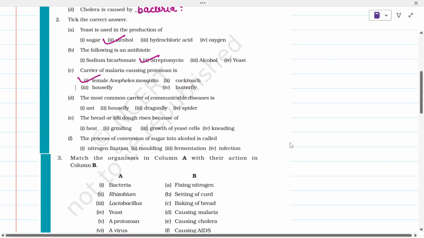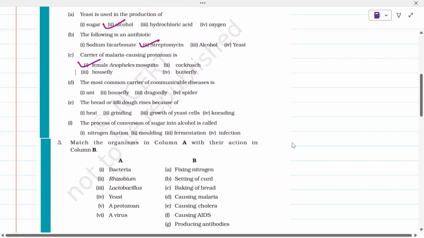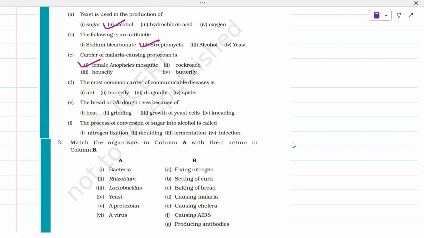Next question. The most common carrier of communicable diseases is, we all know, houseflies. They sit on dirty places and then on our food, they infect our food, and then we might get a communicable disease, right?